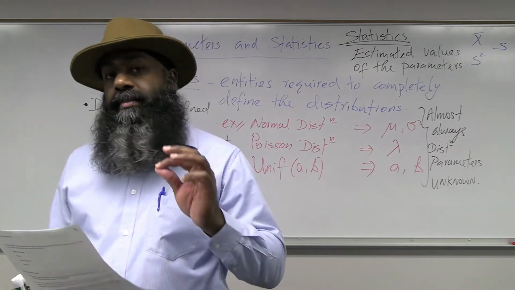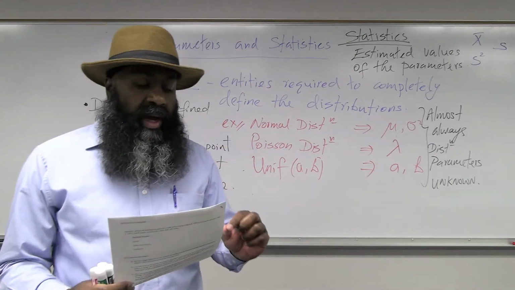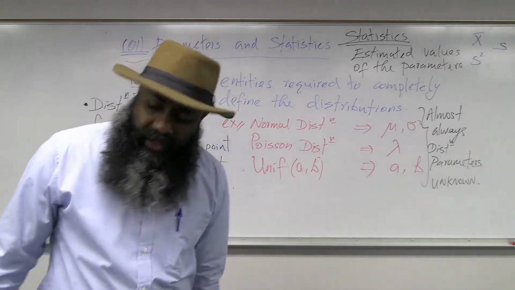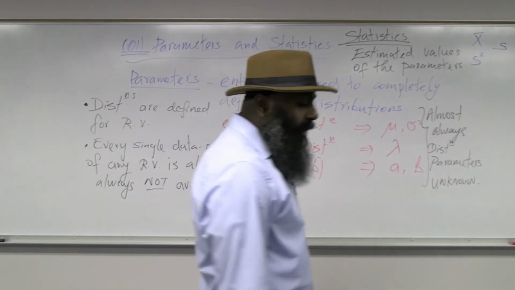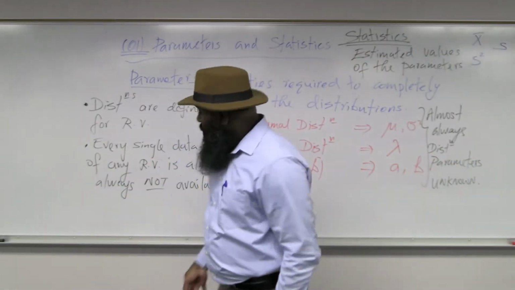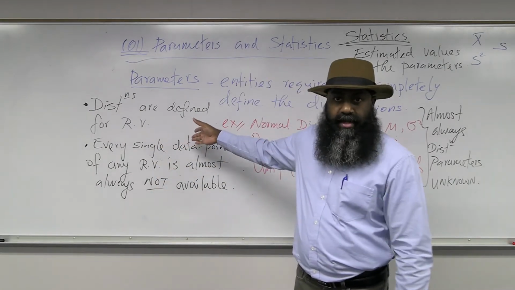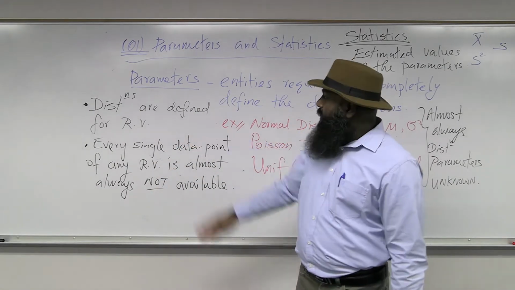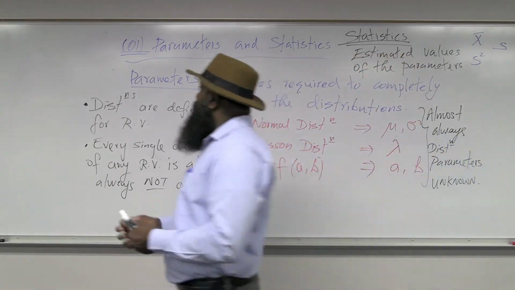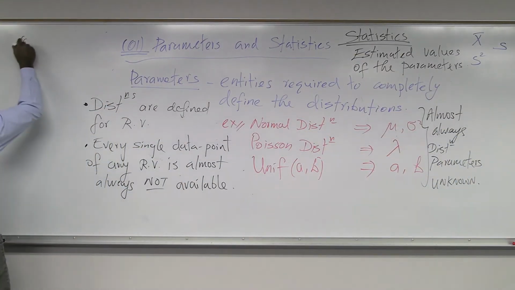Now we will go to point number 2. In point number 2, I'm going to define a population and a sample. So what's a population? Population means the collection of every single data point of the random variable. Okay? That's called the population. So on the point number 2, first part is population.